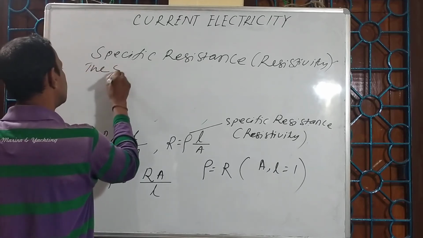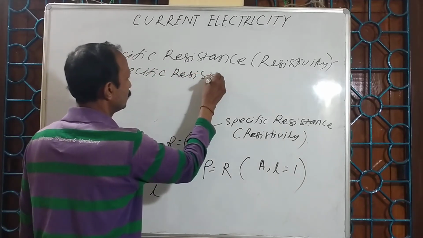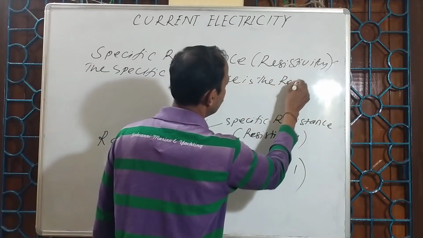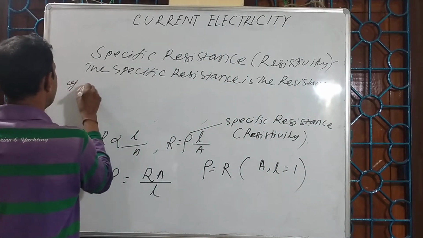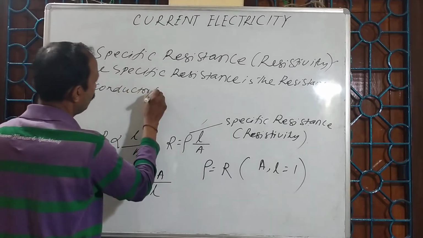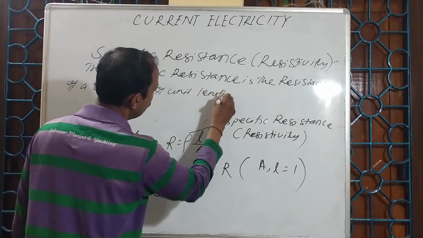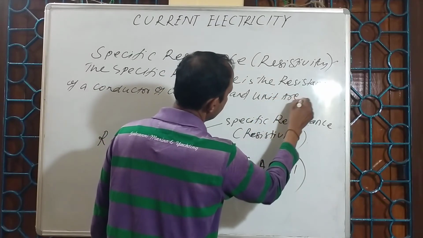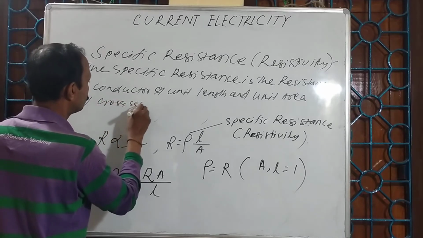The specific resistance is the resistance of a conductor of unit length and unit area of cross section.